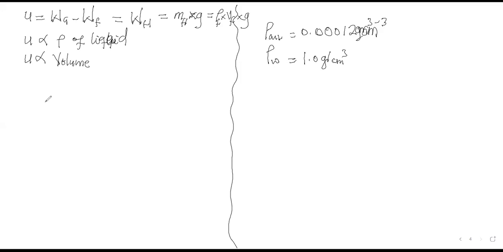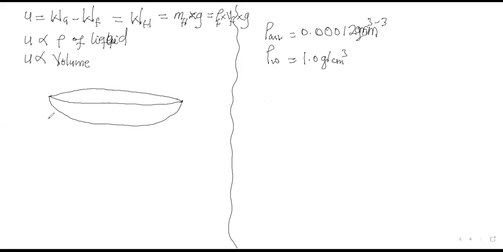This also explains why a ship can float, but a small stone will sink in water. A ship can float in water because the ship is designed to have large volume, so that it can always displace large volume of water.